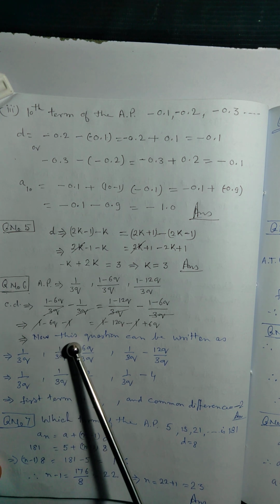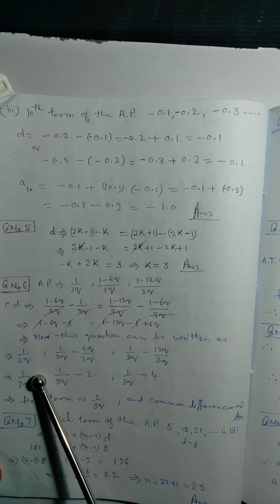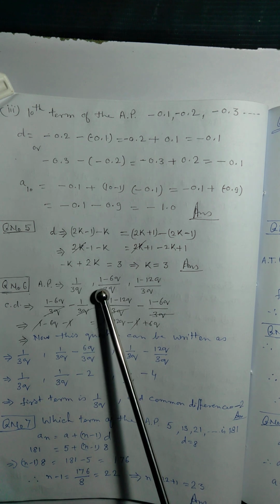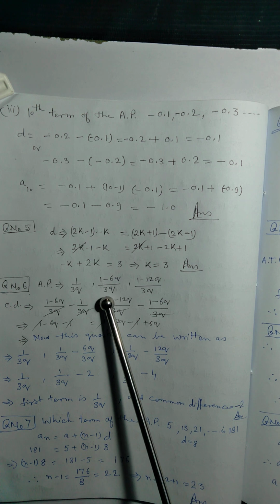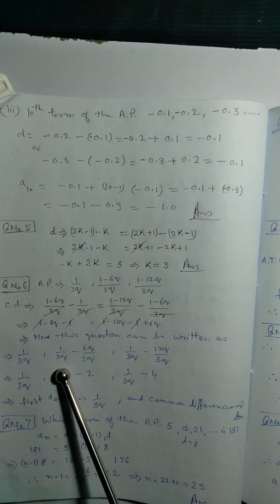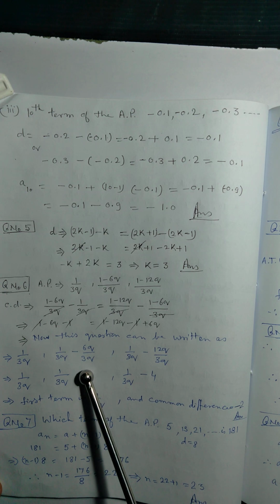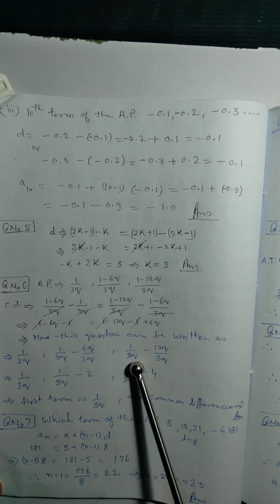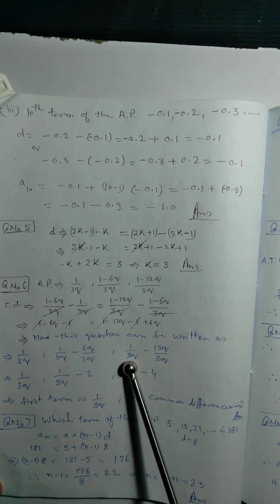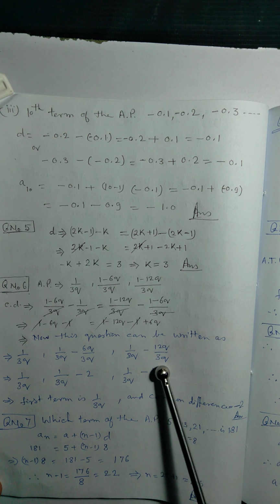So now this question can be written as 1 upon 3q. Now (1 minus 6q) by 3q can also be written as 1 by 3q minus 6q by 3q. The third term can also be written as 1 by 3q minus 12q by 3q.